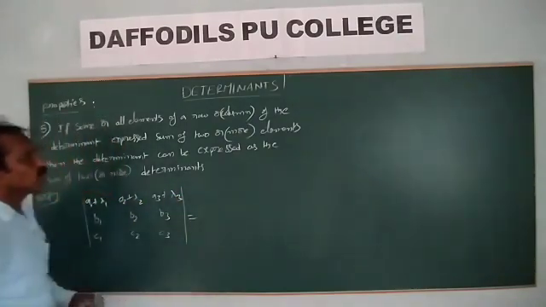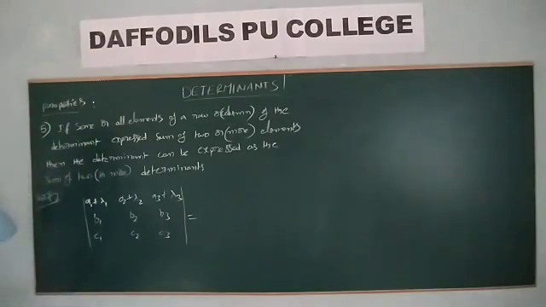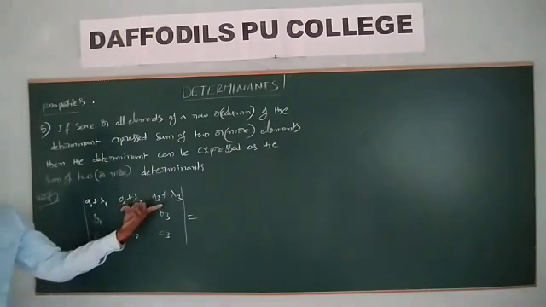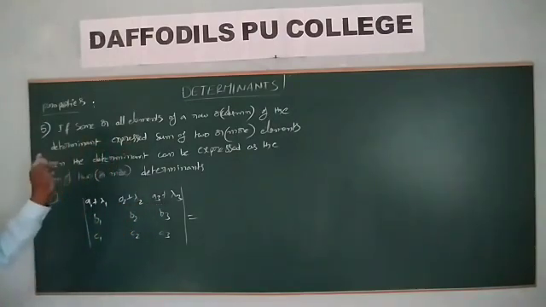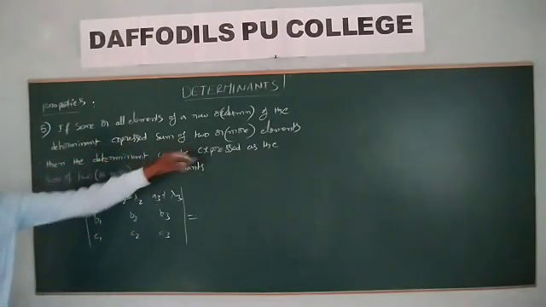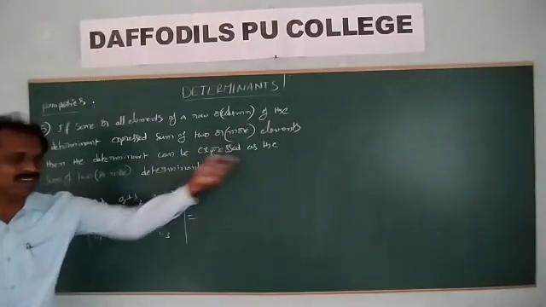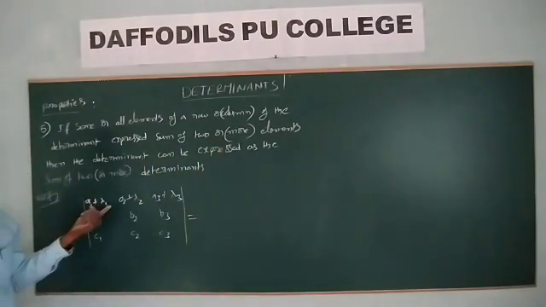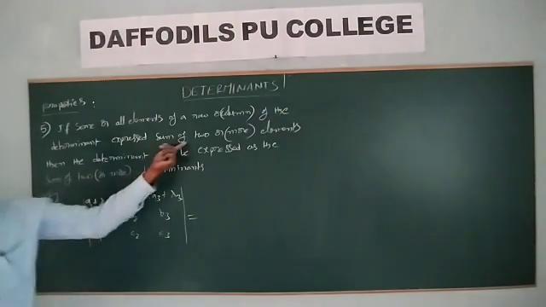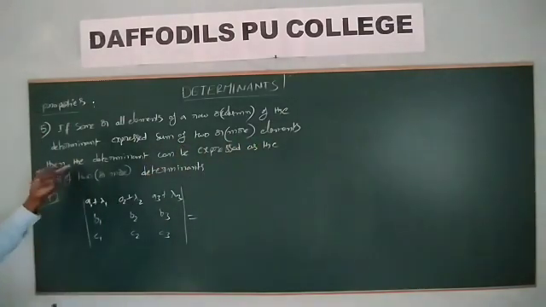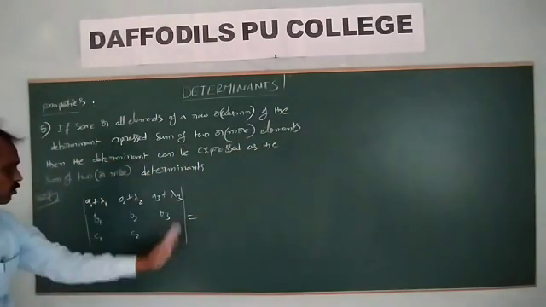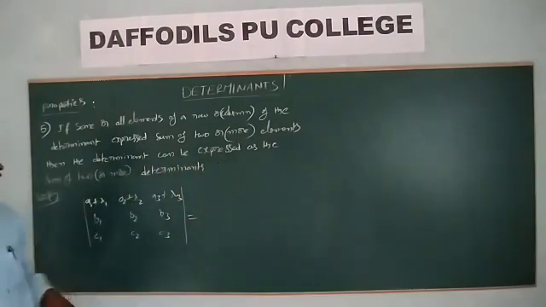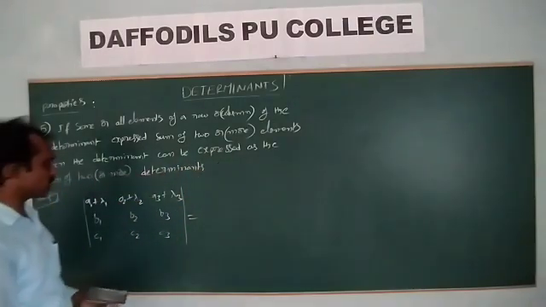This is equal to, once look, if some or all elements of a row of the determinant are expressed as a sum of two or more elements, then the total determinant can be expressed as the sum of two determinants.